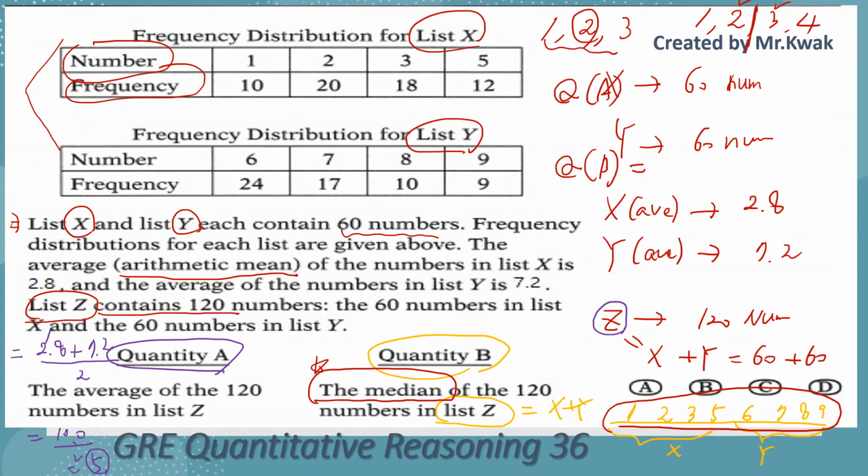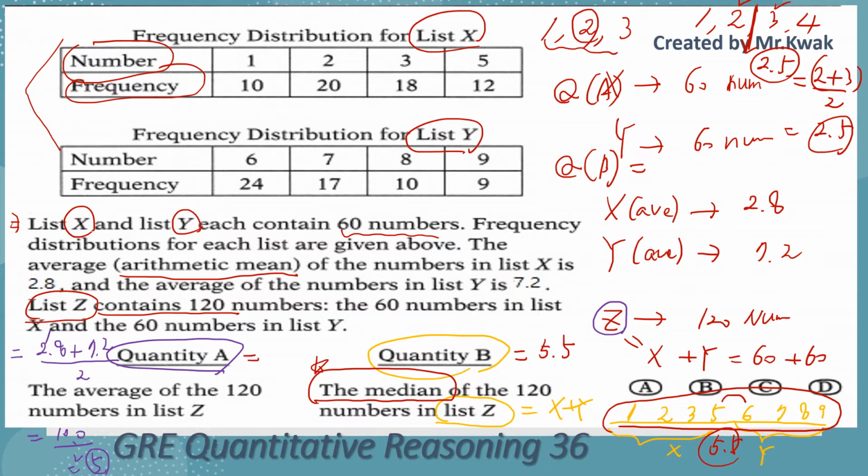So we have to calculate, and then we find the median is 2.5, because 2 plus 3 divided by 2 equals 2.5. So in this way, the median of the 120 numbers in list Z is 5.5. Does it make sense? So quantity B is 5.5.